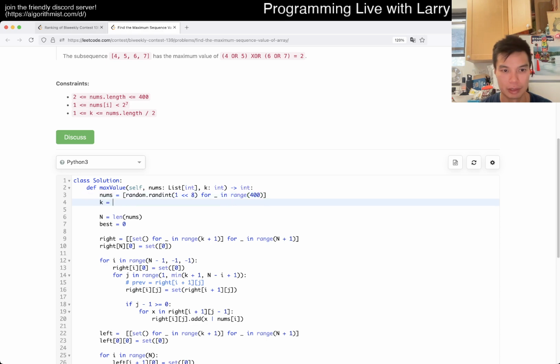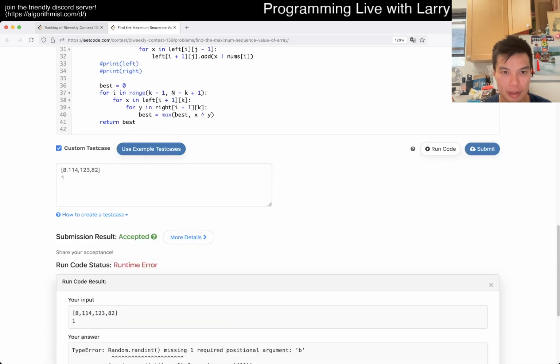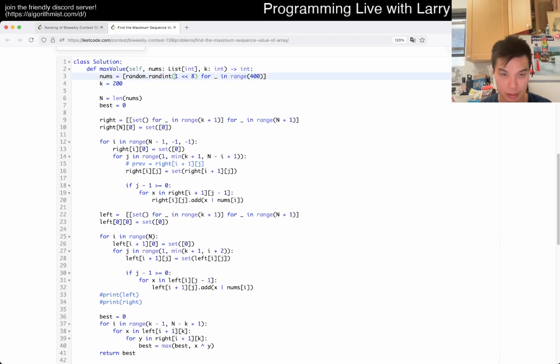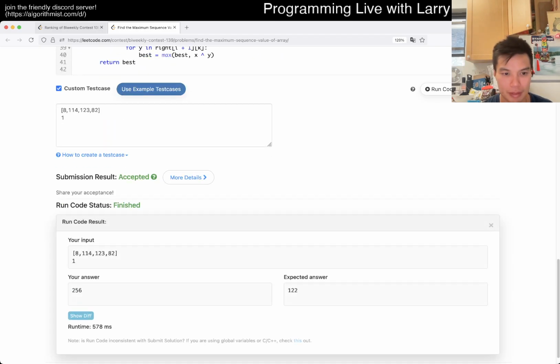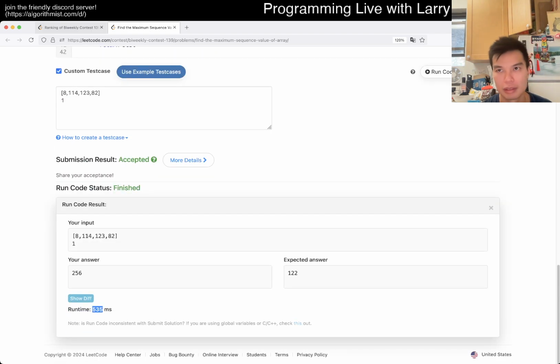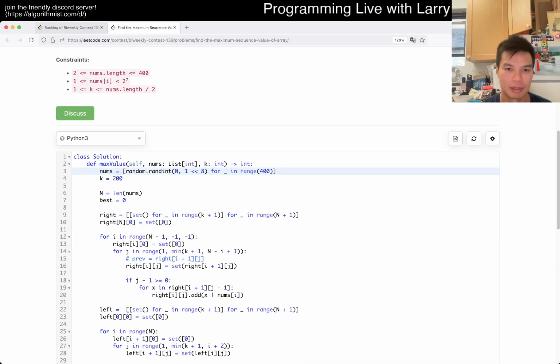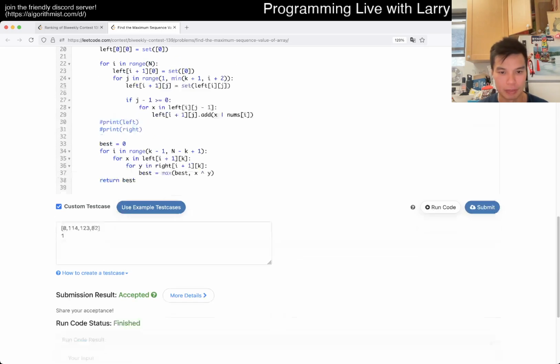K is equal to 200, right? Something like this. What's the running time here? Oh, whoops. I don't know. See, that's not even that fast, right? So 10 of these things would have been too slow. I think this is kind of crap, but it is what it is.